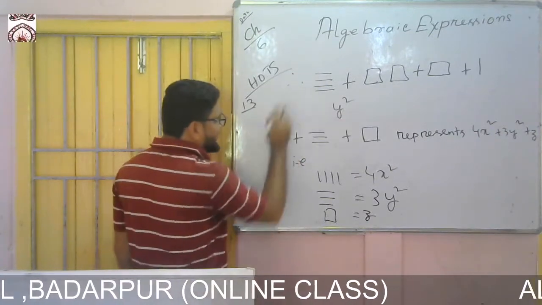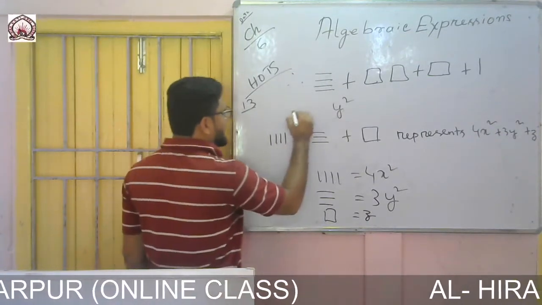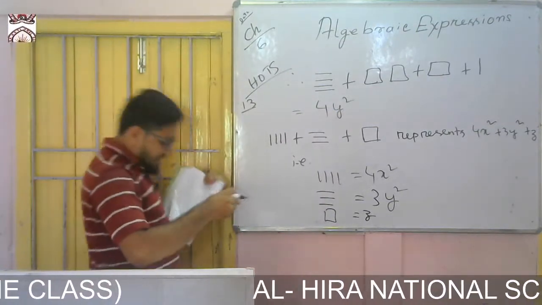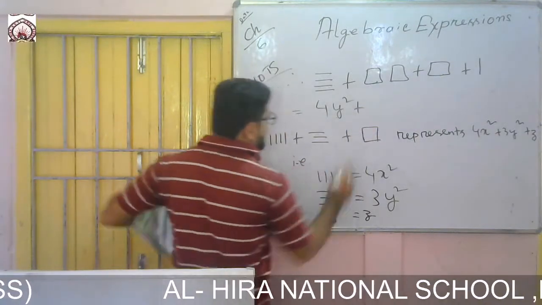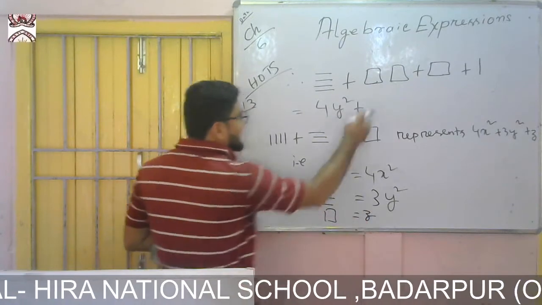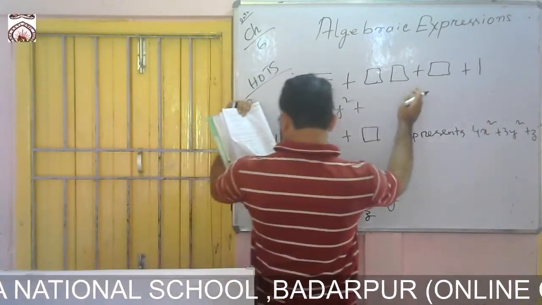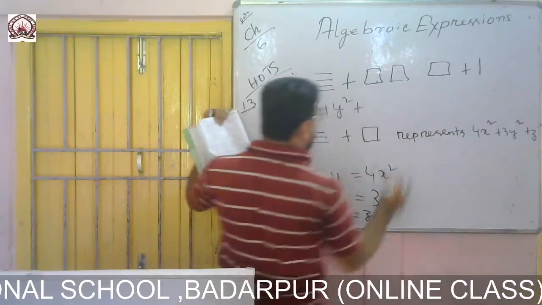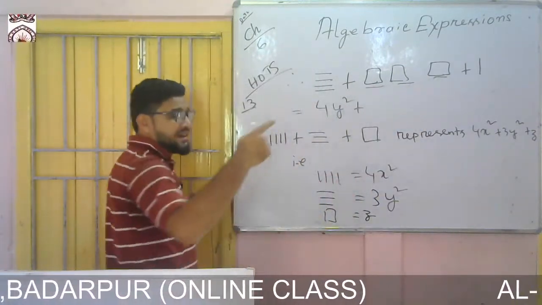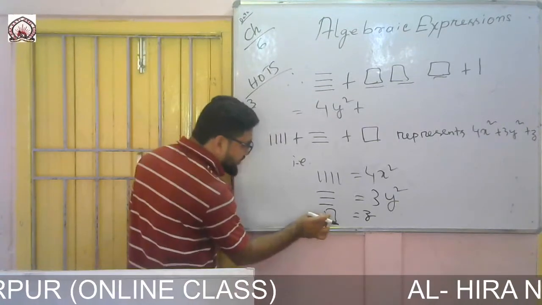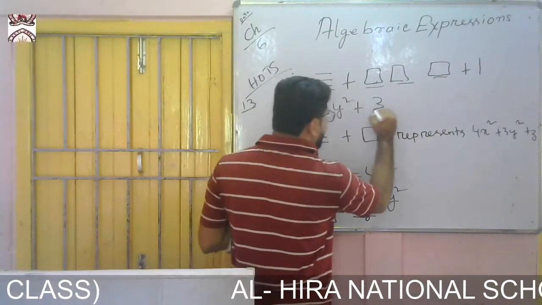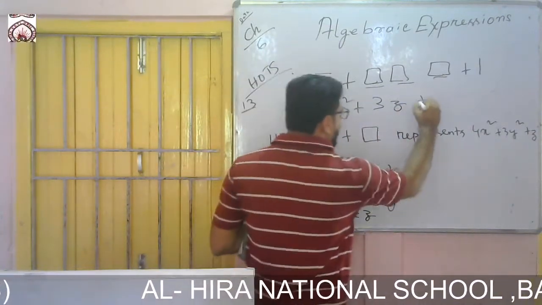And how many horizontal lines? 1, 2, 3, 4. So here it will be 4y square. Understood? Now plus 3 square boxes will represent 3z, because 1 square box represents 1z, then 3 will represent 3z.